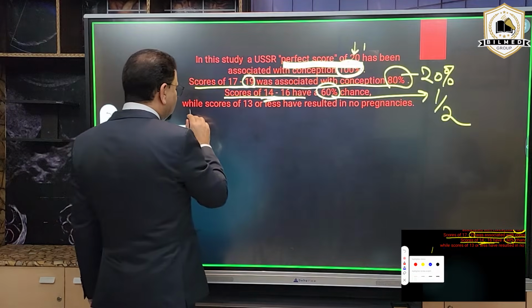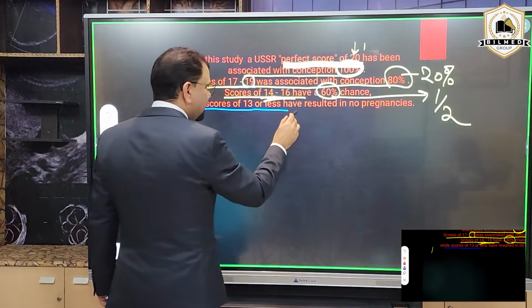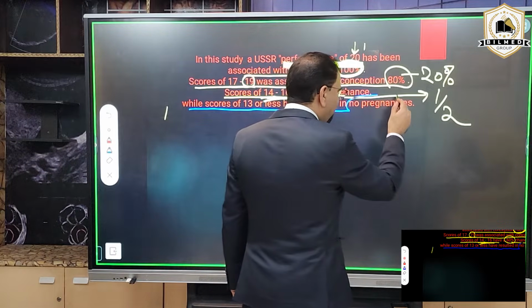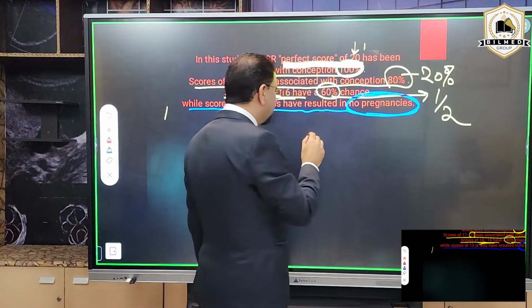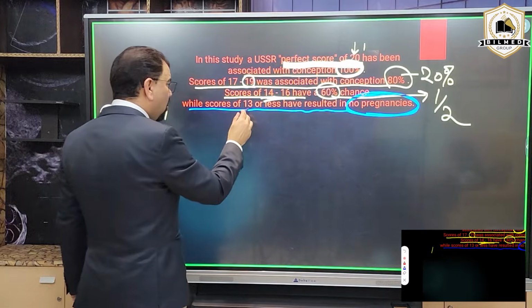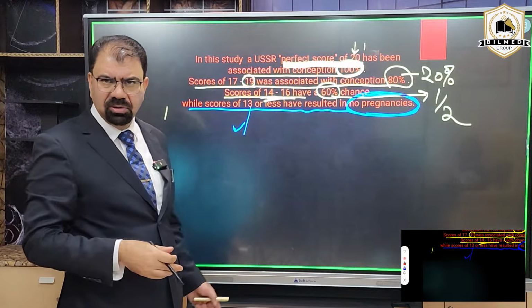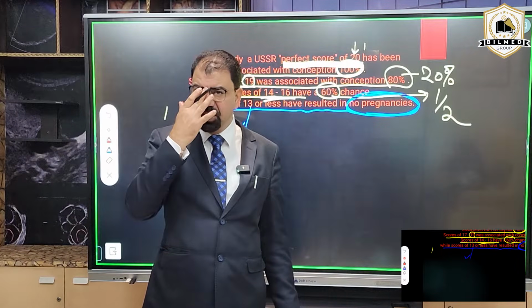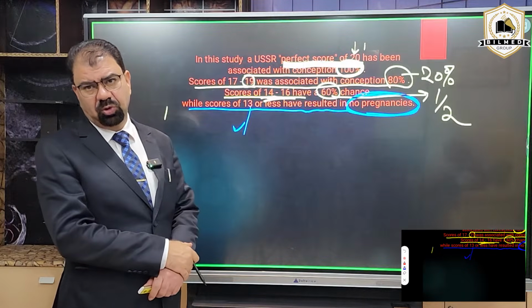If the score is 13 or less, how many resulted in pregnancy? No pregnancy. No pregnancy was reported when the score was 13 and less. Follicular study is incomplete without this biophysical score.